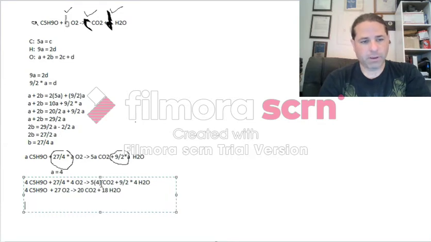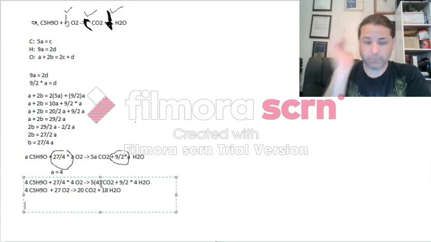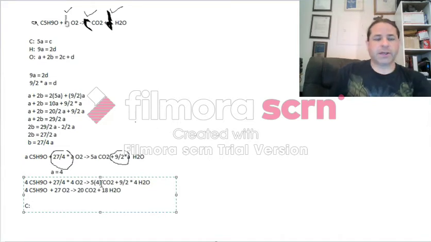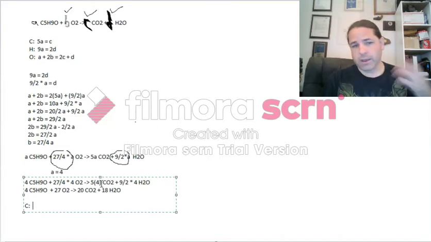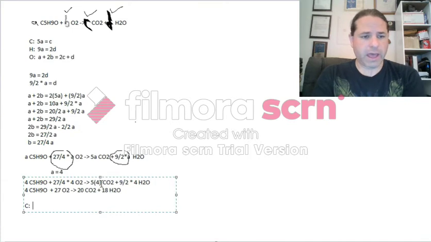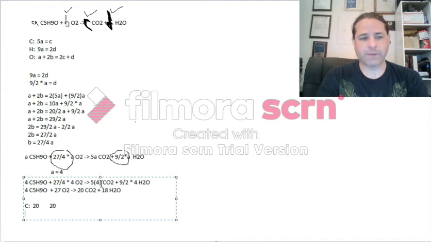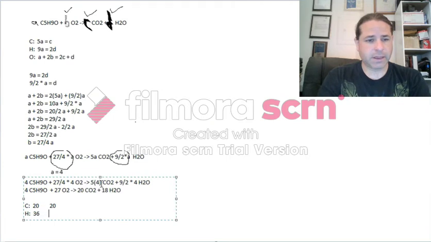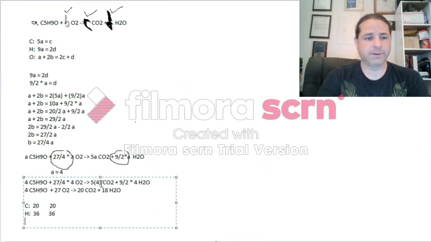And so, if you don't believe that that works, we can add up both sides. On the left side of the equation, we have 4 times 5 is 20 carbons. And on the other side, we've got 4 times 5 equals 20. For our hydrogens, we have 9 times 4, which is 36. And on the right side, we've got 18 times 2, which is also 36.